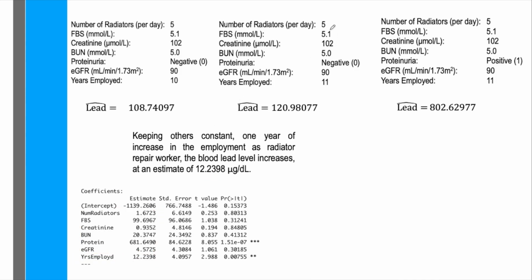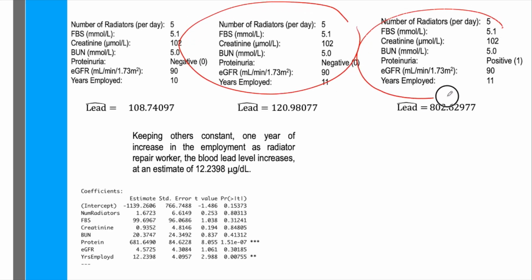On the other hand, this participant and this participant also have the same information on number of radiators, FBS, creatinine, everything is the same, eGFR and years of employment, except that this participant has no proteinuria while this participant has proteinuria.